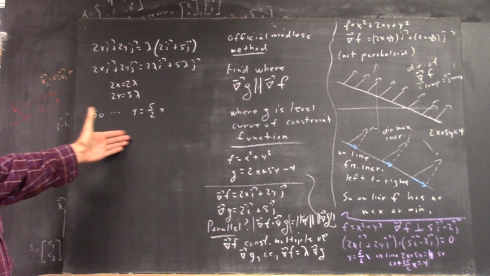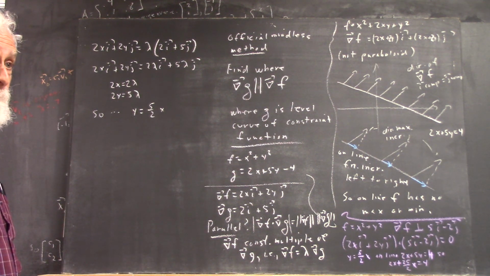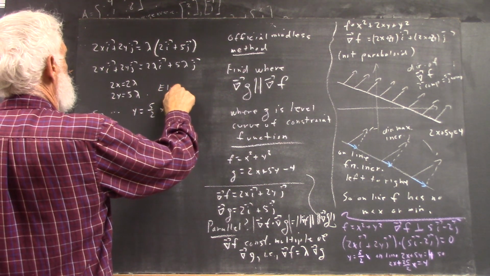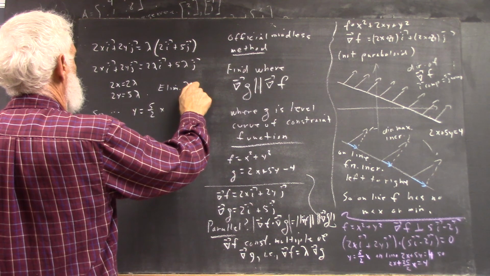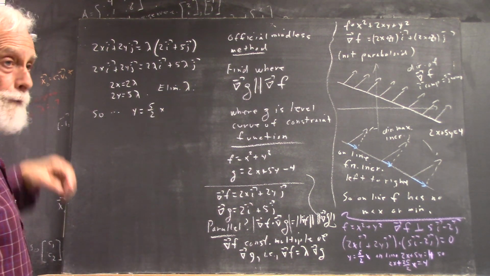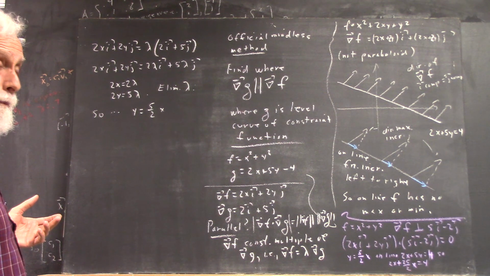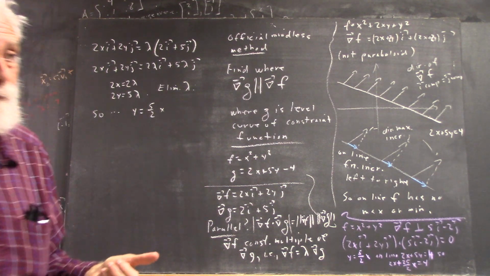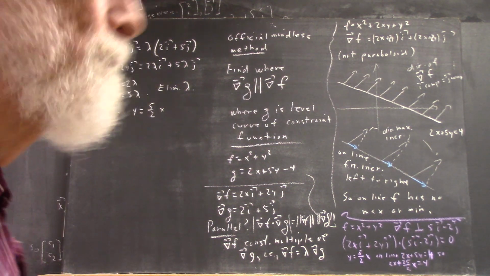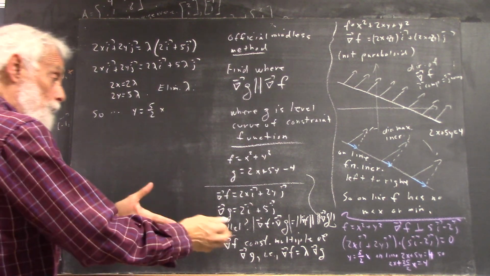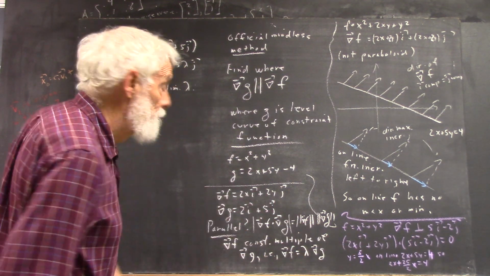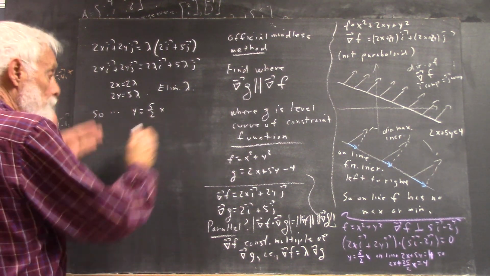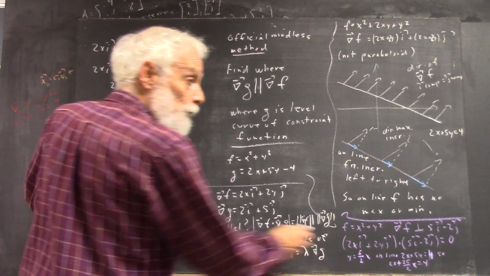So if you eliminate lambda, you get y equals 5 halves x, right? You don't really care what lambda is. Okay? Well, have you seen that before? Yeah, we used that to get this, right? And what did we do when we got that? Well, we plugged that into our constraint, right?